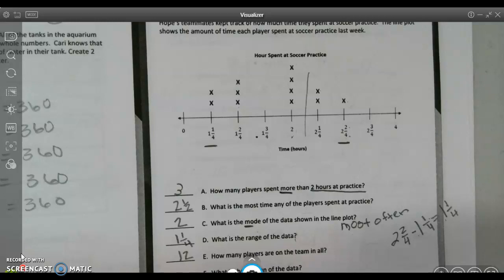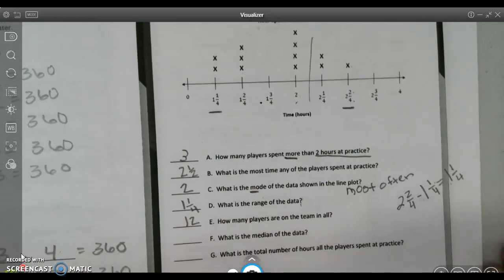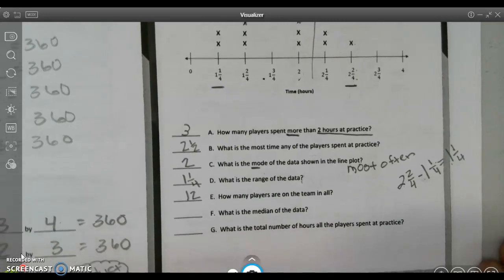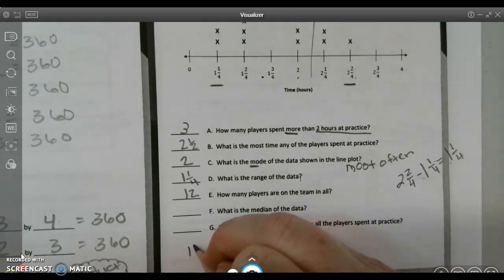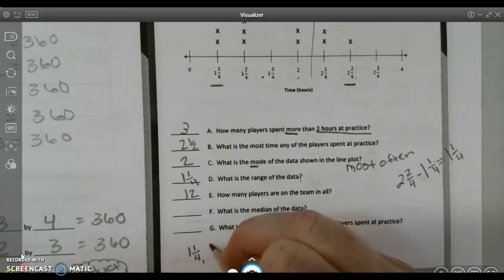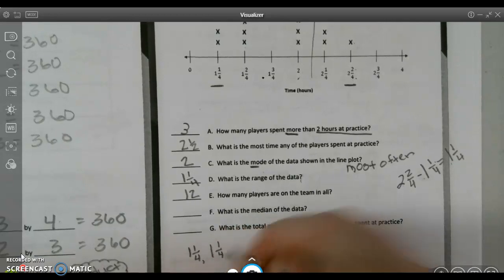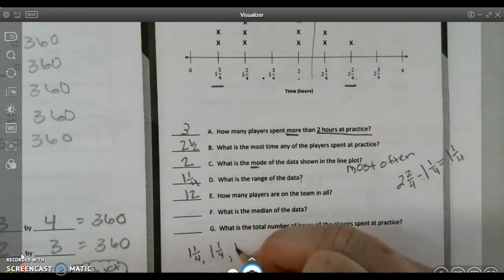What is the median? Oh, boys and girls, this is the one that takes the longest. You have to put all of your data points in order. So I'm going to scoot this up just a little bit so we can do that. And we're going to start with 1 1/4. We have another 1 1/4. 1 2/4.